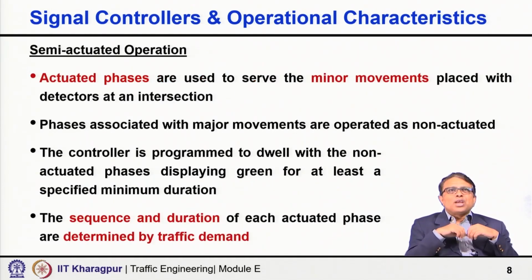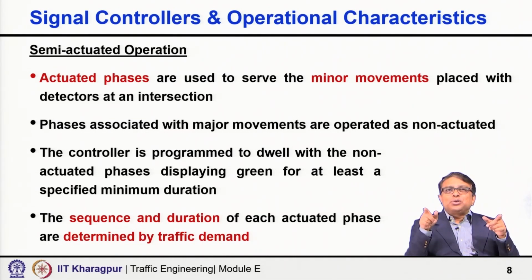Next, semi actuated operation. Typically, it is done when there is a major road and most of the time you anyhow need green to allow movement of traffic on the major roads. So, that is where the majority of green is expected to be, but there is a minor road.